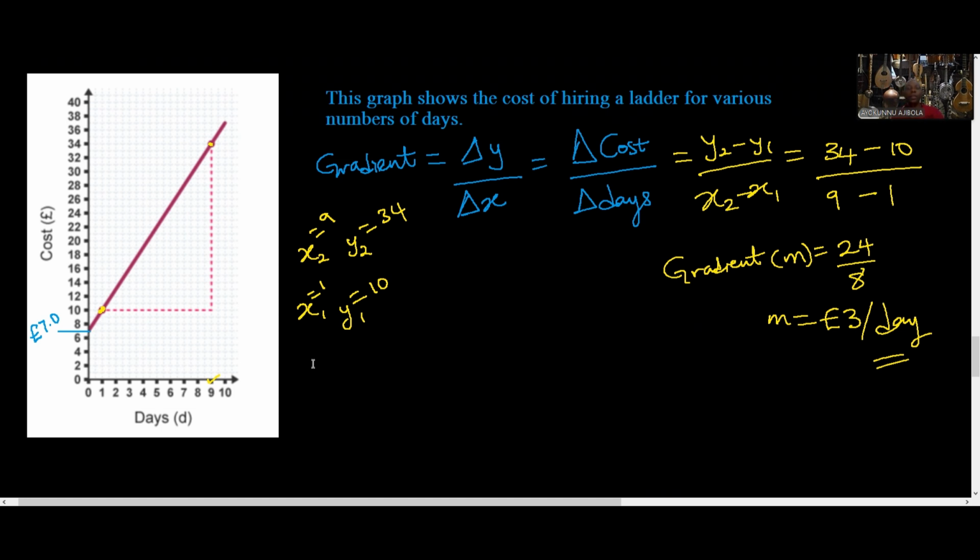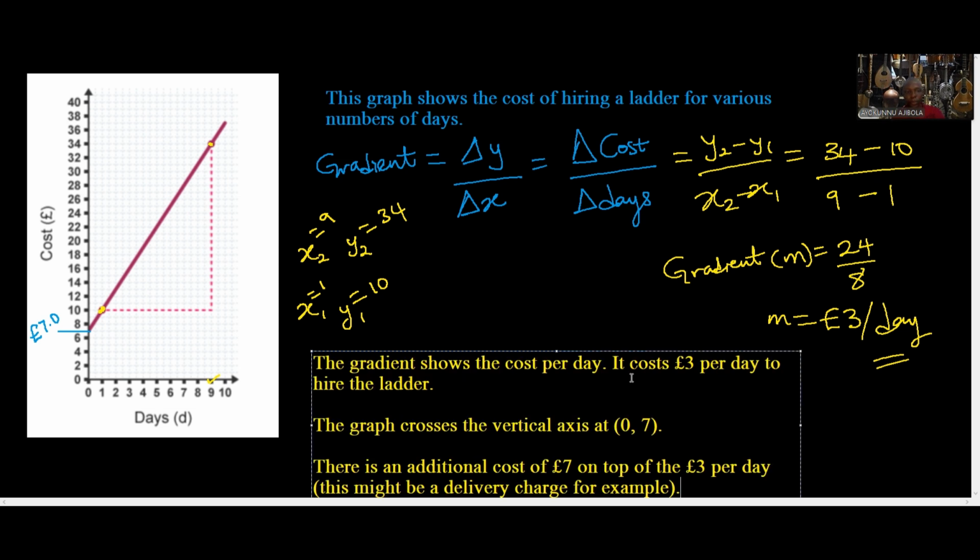So the gradient shows that it costs 3 pounds per day to hire the ladder. Then the graph crosses the y-axis at 7.